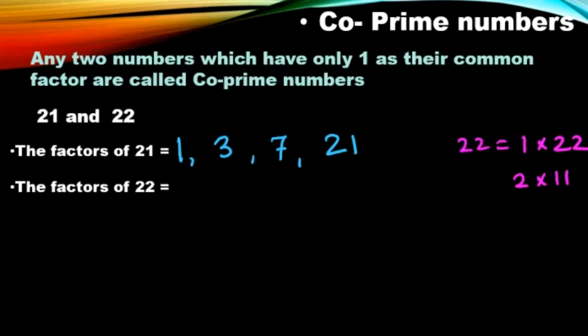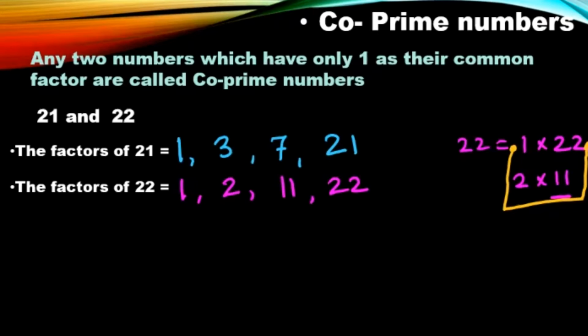We got that 22 is not divisible by these numbers. So yes, by 11, 22 is divisible. So we will stop this process, and here we list out all the factors, that is 1, 2, 11, 22.